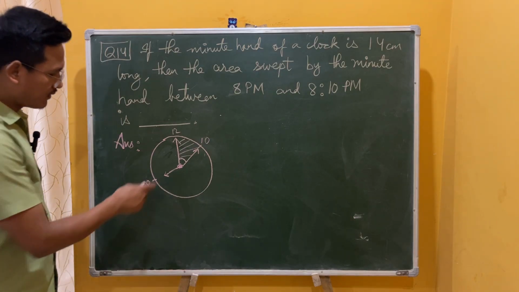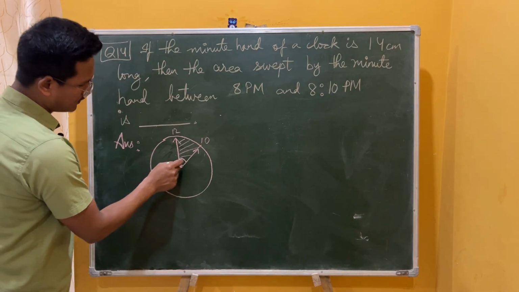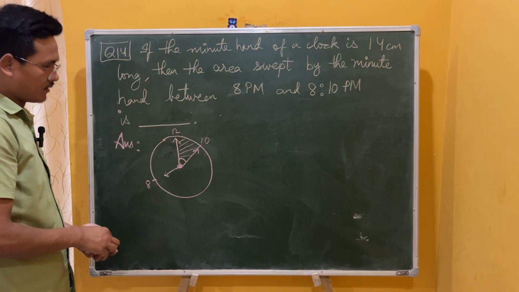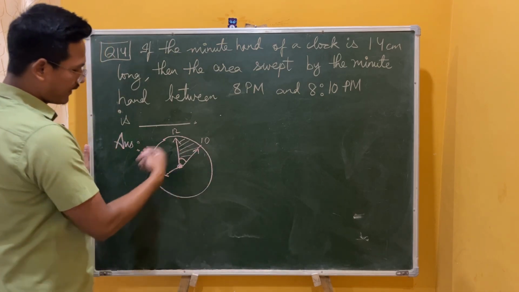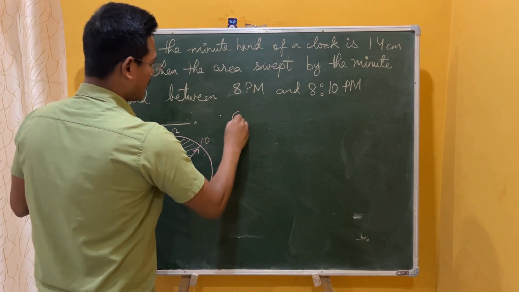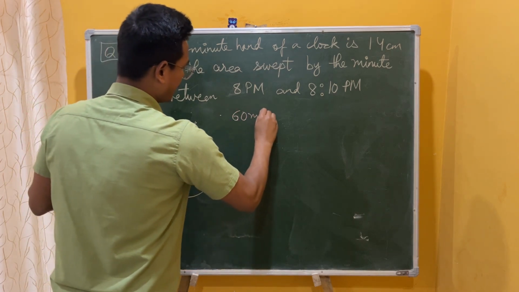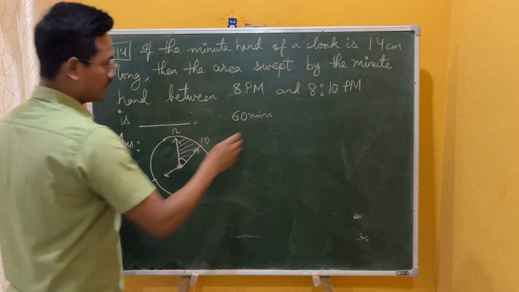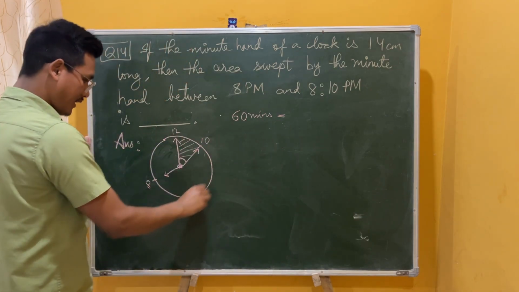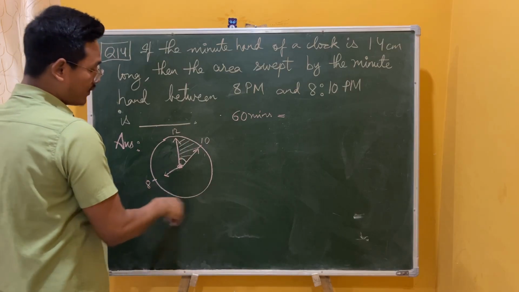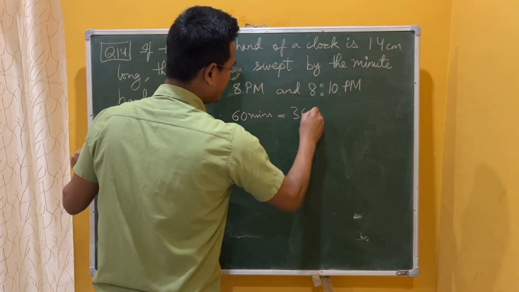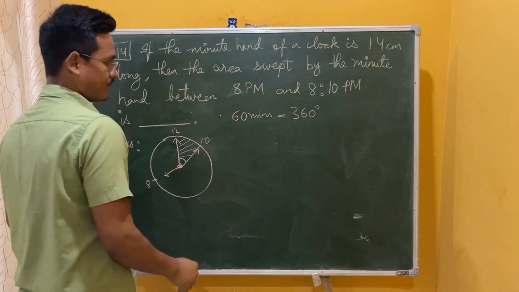So in order to find this, we should know the angle it makes when it travels from here till here. So how do you find the angle? 60 minutes in this clock is one rotation by the minute hand, and one rotation is equal to 360 degrees.